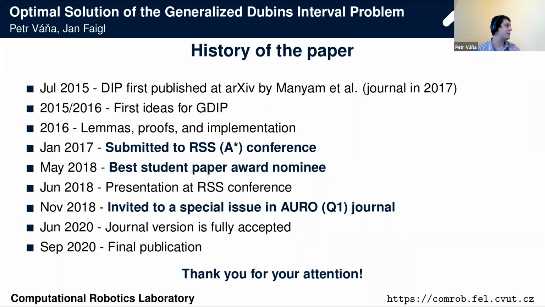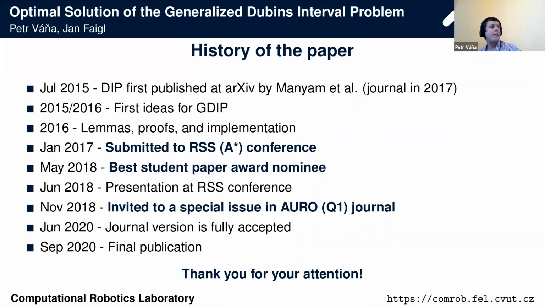And during the year 2016, I was working on lemmas, proofs, and implementation. And in January 2017, we first submitted this paper to the RSS conference, which was at the time the only A-star conference in robotics.